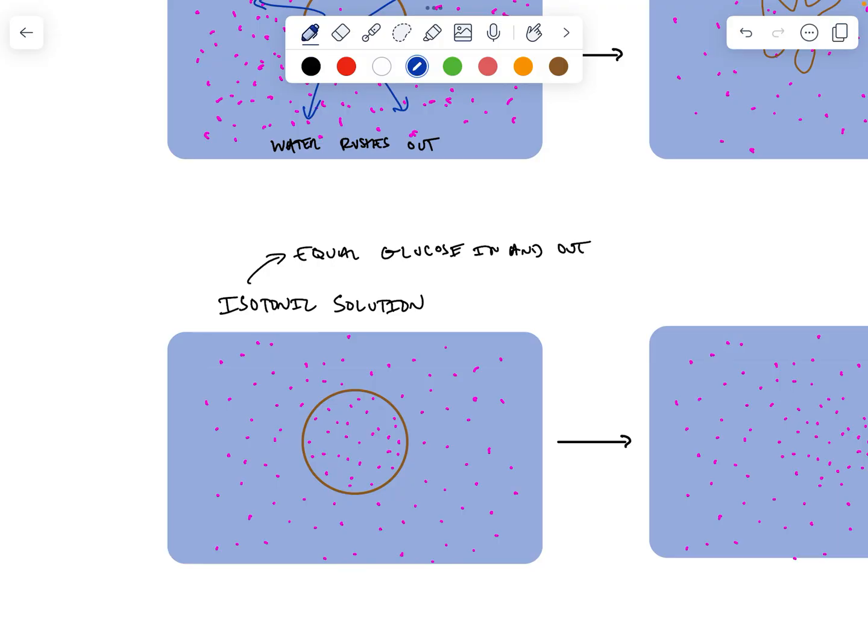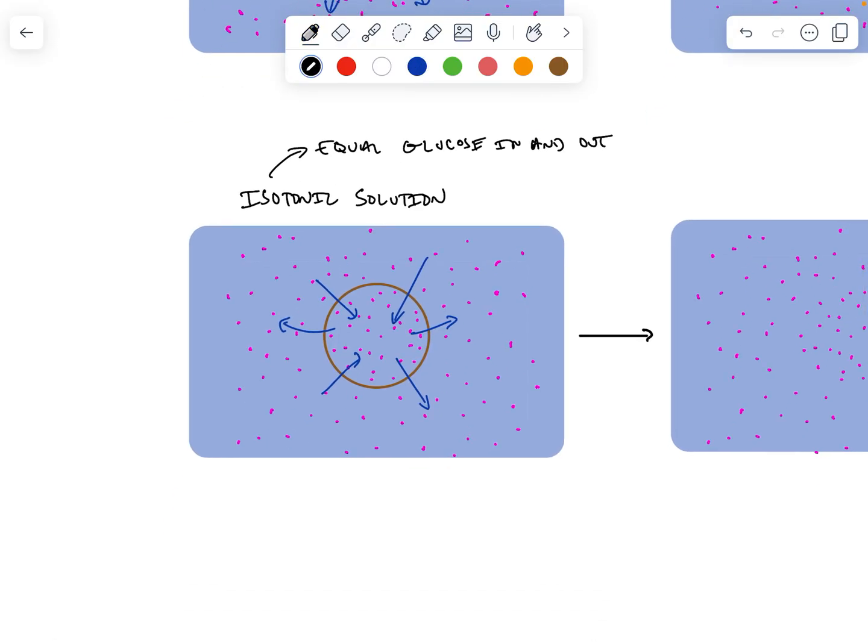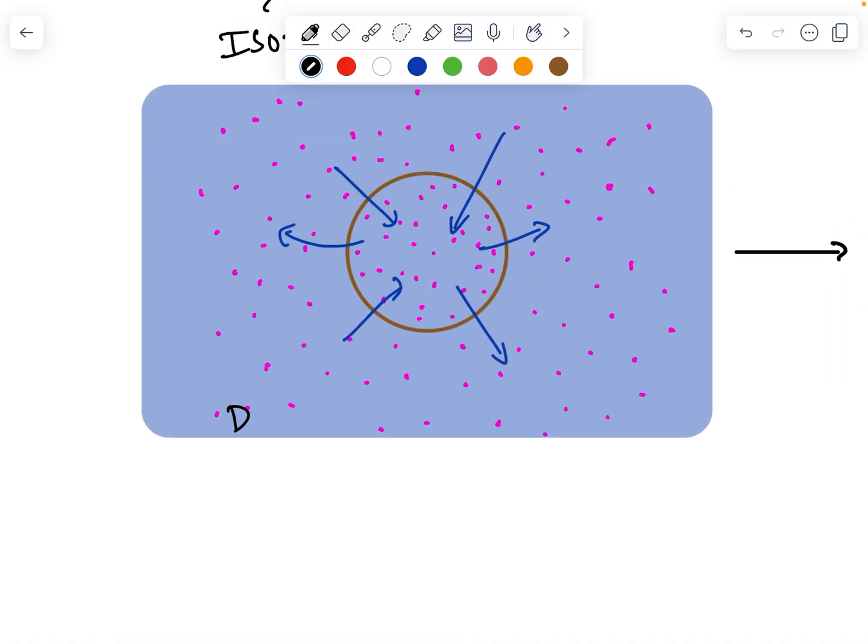So what happens here is that water still moves across the cell membrane. It still goes in, but it also moves out at the same rate. So water here is moving into and out of the cell at the same frequency. This is what we call dynamic equilibrium.